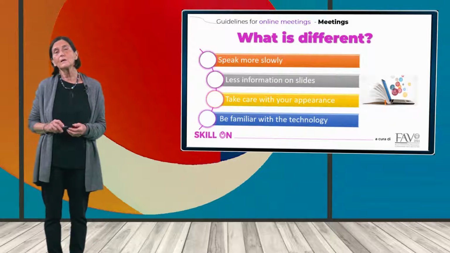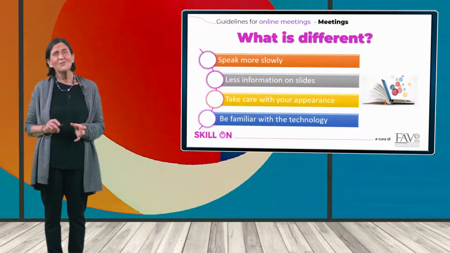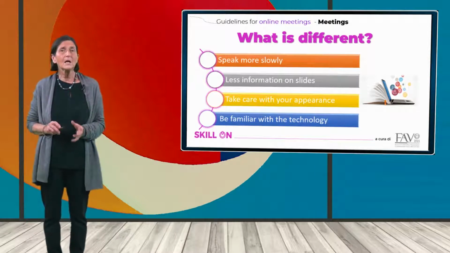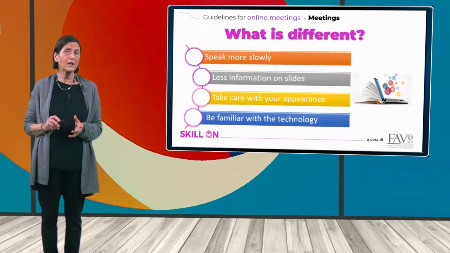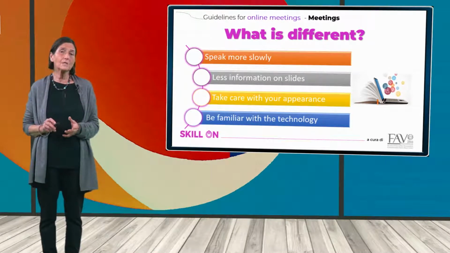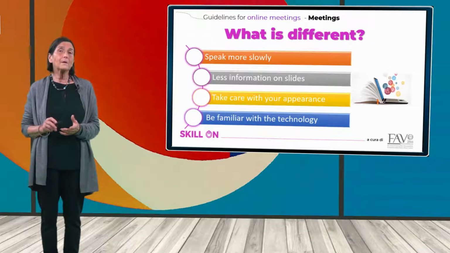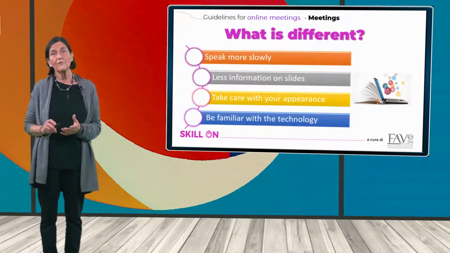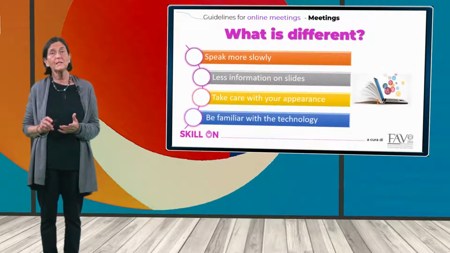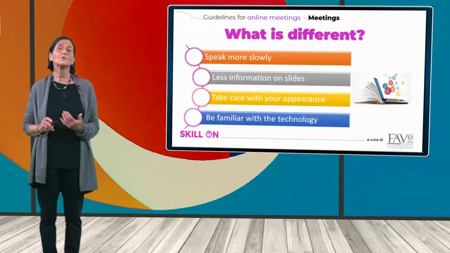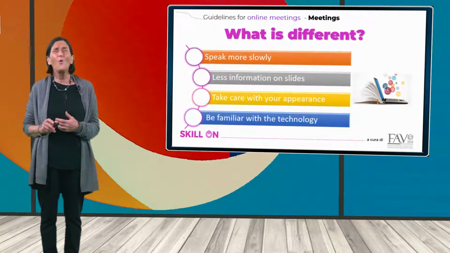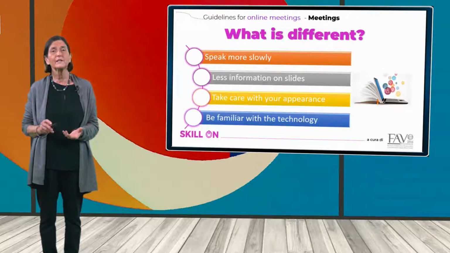Fourth point, it's obvious, be familiar with the technology, but actually it's not so simple, because I know that Regione Emilia-Romagna, generally regional government, normally uses Microsoft Teams, but in various projects and with different people that you need to have meetings with, you can be asked to meet on Zoom, on GoToMeeting, on all the various platforms which are now available.